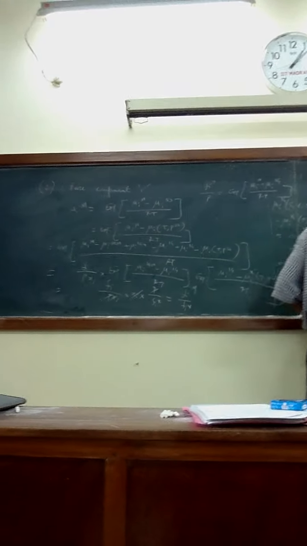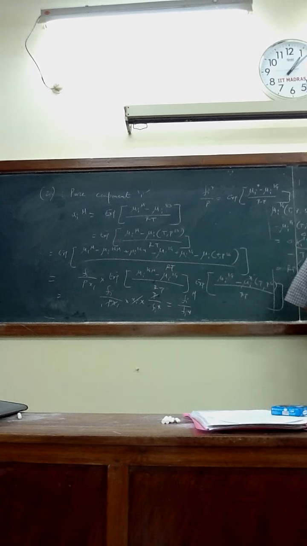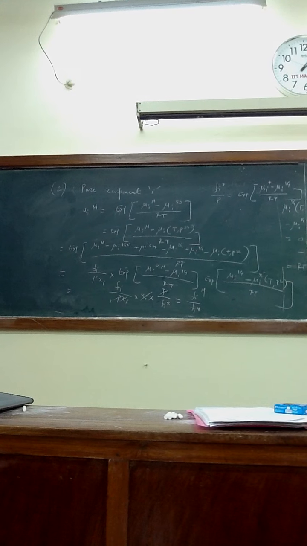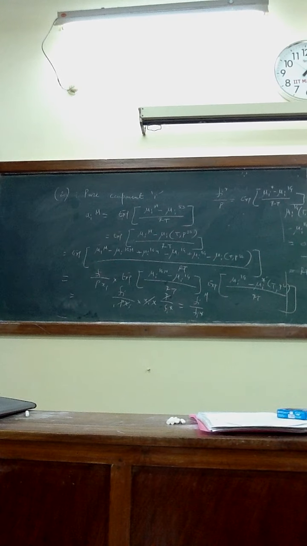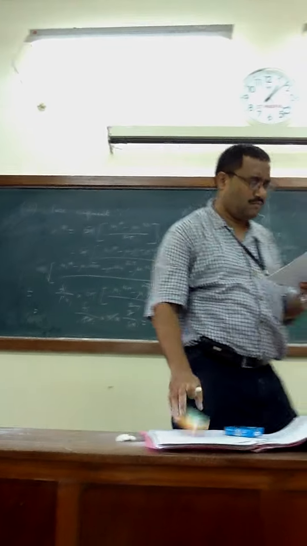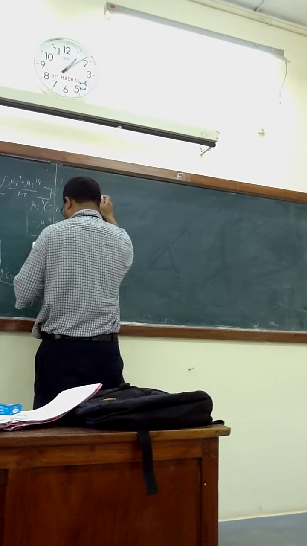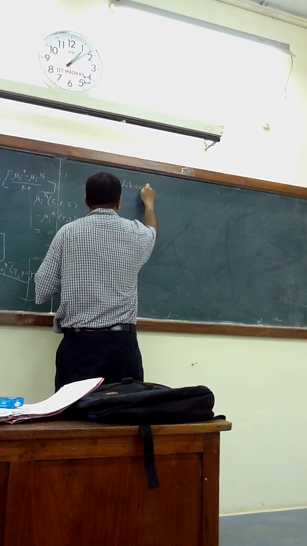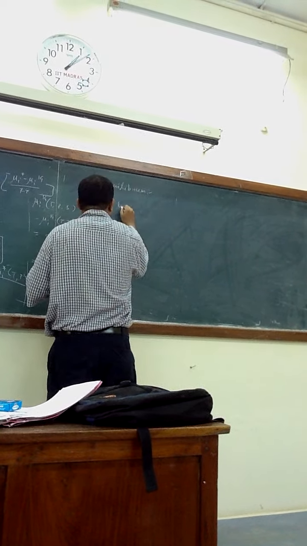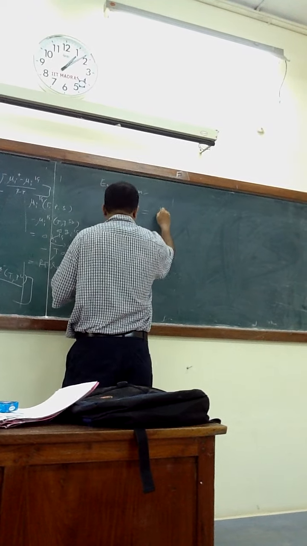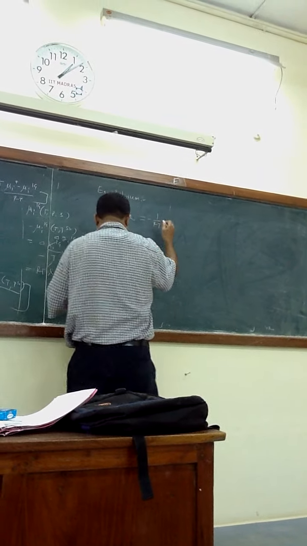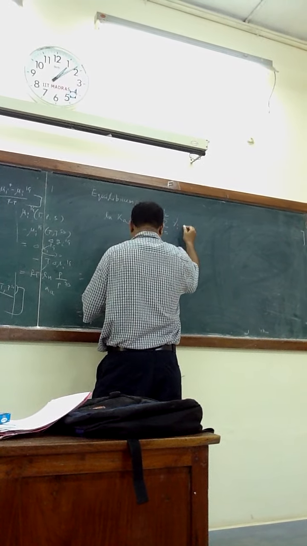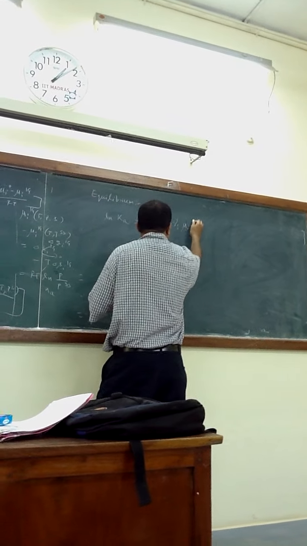So let's look at equilibrium: ln Ka equals minus 1 by RT summation I equals 1 to C gamma I mu I SS.